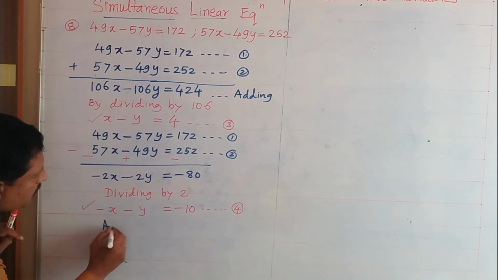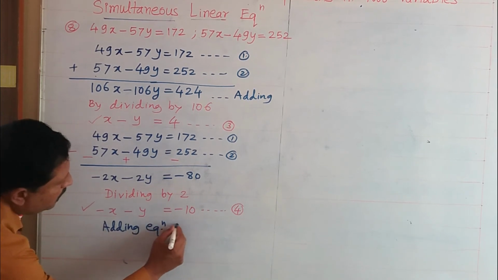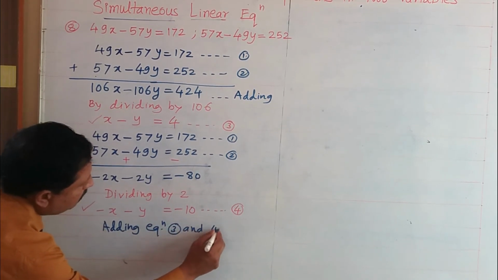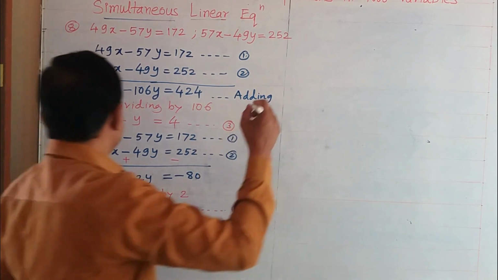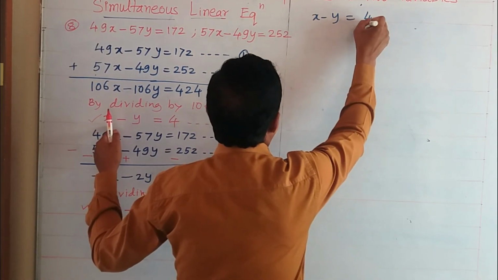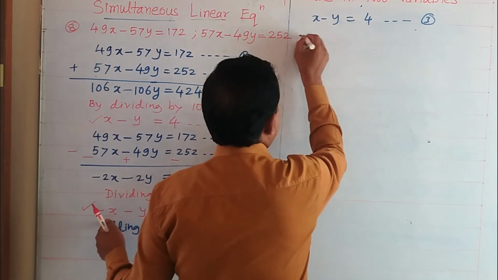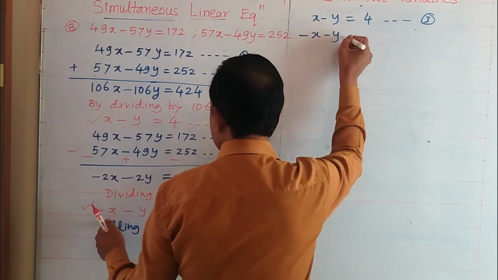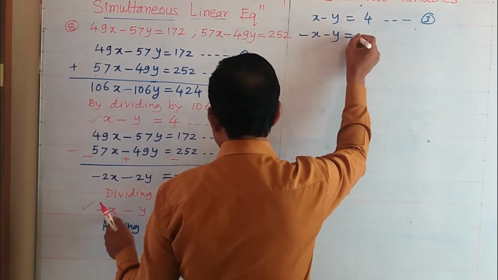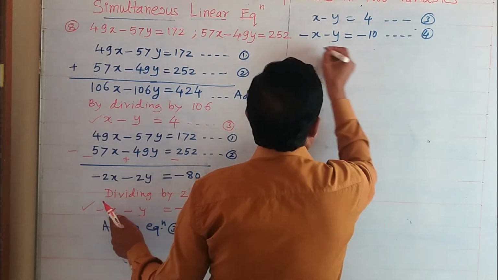I am writing equation number 3: x minus y is equal to 4, and the fourth: minus x minus y is equal to minus 10, equation number 4.